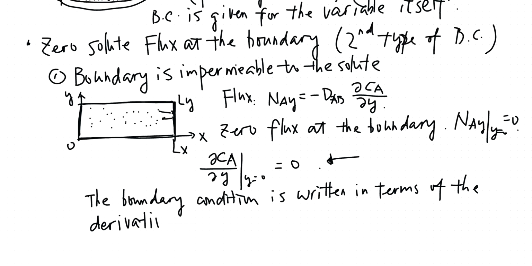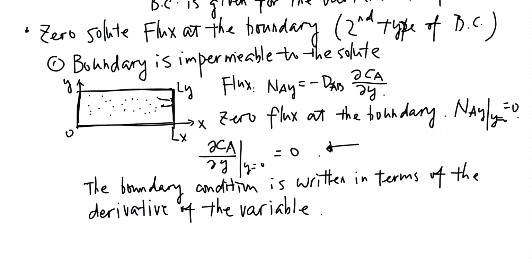Now here we are talking about the 0 flux. In other scenarios, you may have a prescribed flux. Maybe you know what's the flux value. Then you would have non-zero flux, but you still know the derivative of your primary variable. That would still count as the second type of boundary condition. So the second type means it's written in terms of the derivative. But for our discussion, we will limit ourselves to zero flux.